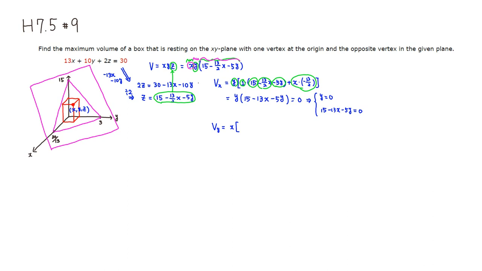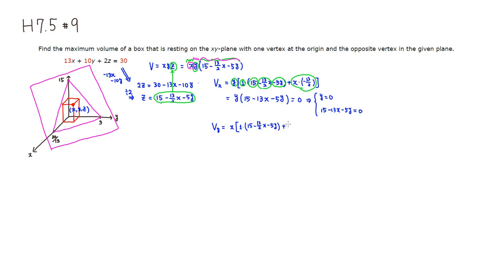The partial with respect to y of y is 1, multiplied by the second guy, exactly the same as before: 15 minus 13 over 2 x minus 5y, and a plus.